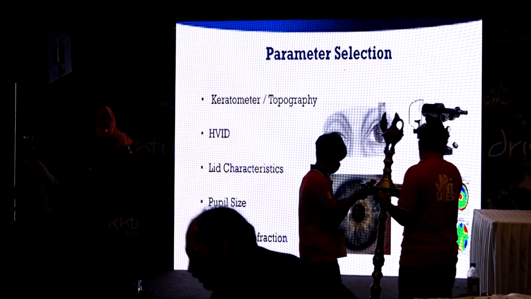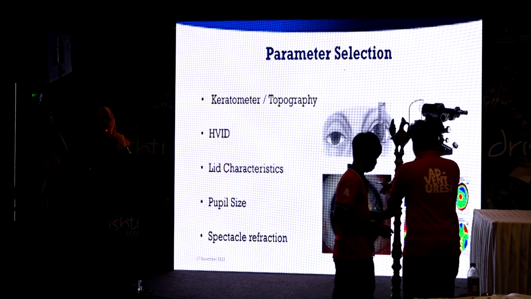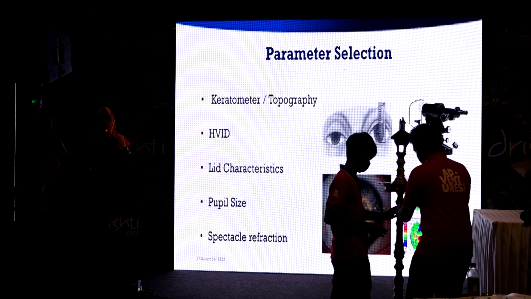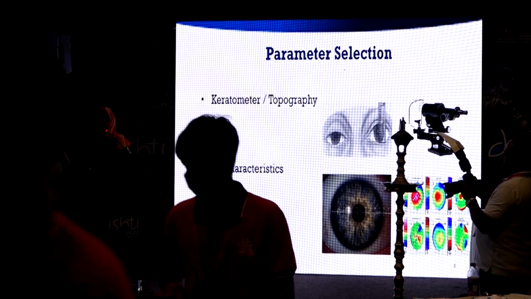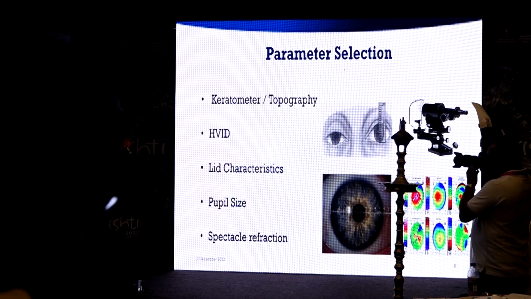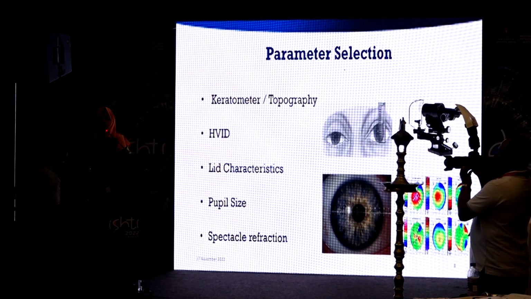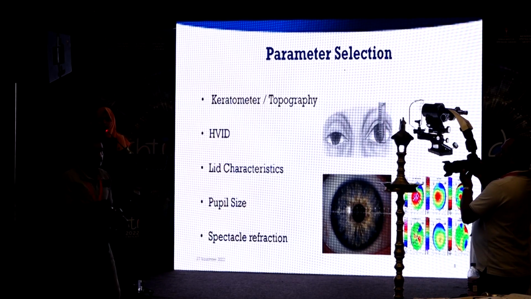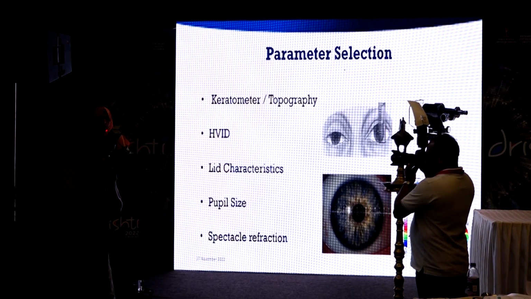These are the parameter selections: keratometry or the topography report. The topography report is very important in identifying the location of the cone, especially for fitting RGP lenses, and keratometry is mainly for selecting the base curve. HVID is for selecting the corneal diameter, and it is simply measured with a millimeter scale from limbus to limbus.